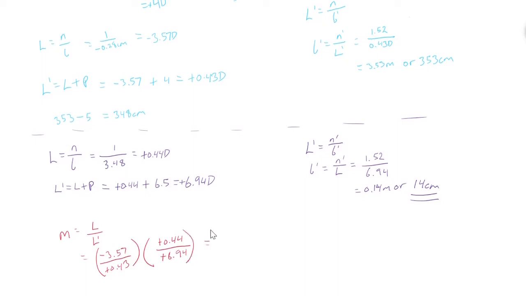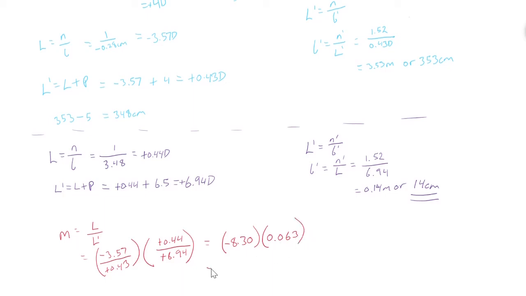And let's see what we have here. So this first bracket, minus 3.57 over 0.43, gives us a minus 8.30, and this will be multiplied by plus 0.44 divided by 6.94. That gives us 0.063.